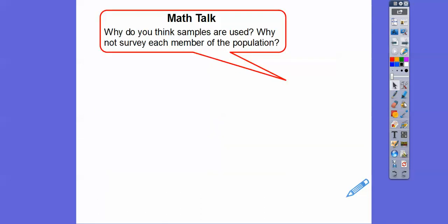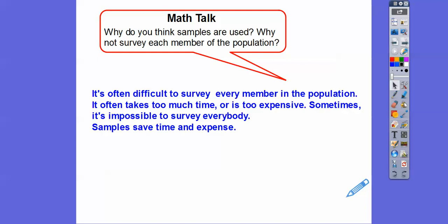Or favorite sports. Why do you think samples are used? Why not survey each member of the population? Well, sometimes it's often difficult to survey everybody or everything in the population. Say we're going to survey how large beetles were in a field of hay.